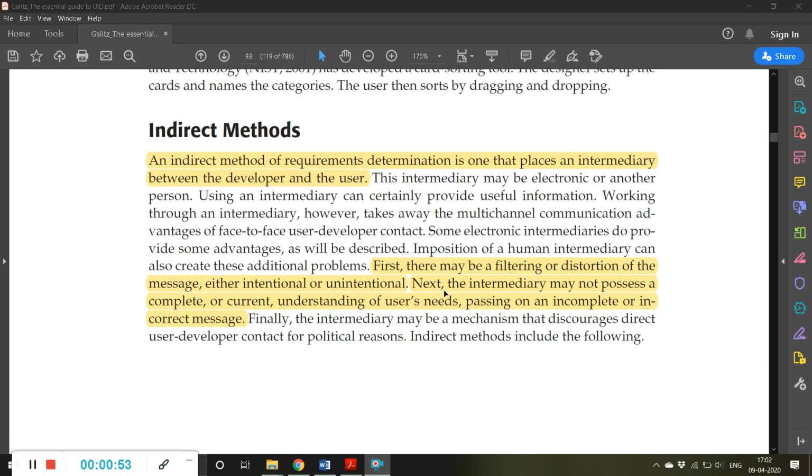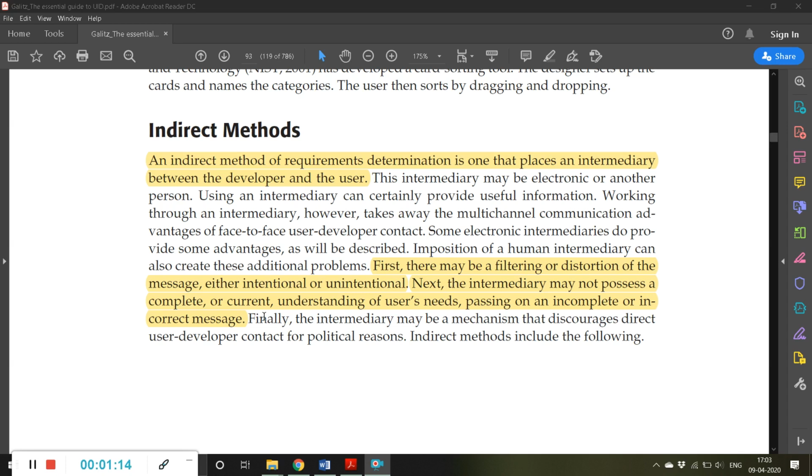So let us understand some disadvantages of indirect methods. The first one is there may be a filtering or distortion of the message, either intentional or unintentional. Instead of you, someone else has gone to collect the requirements.